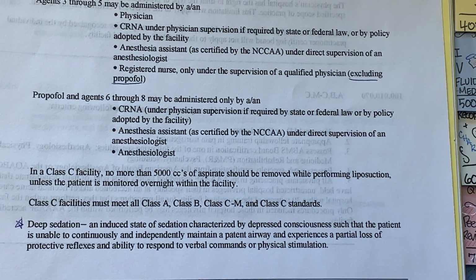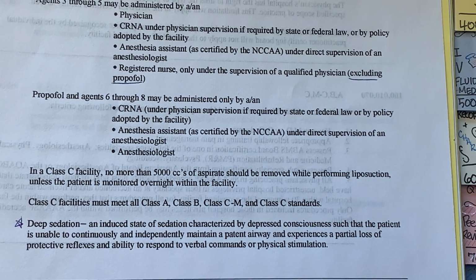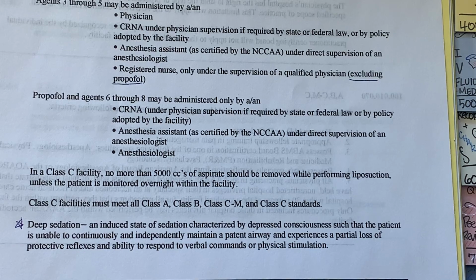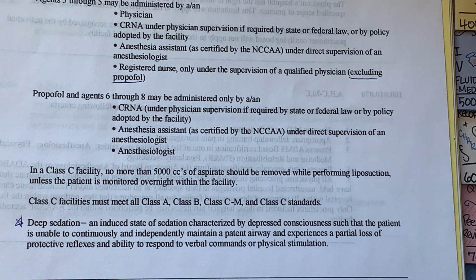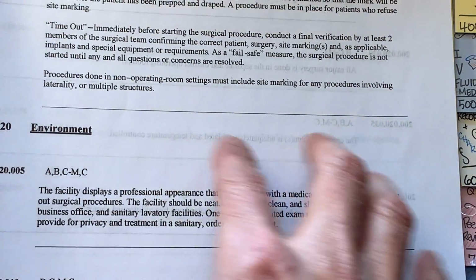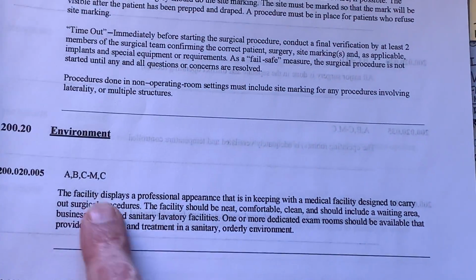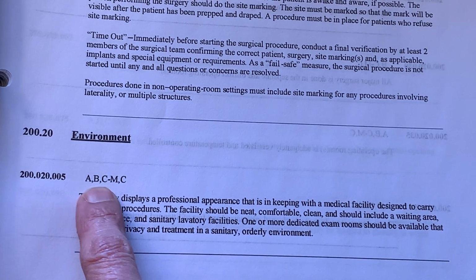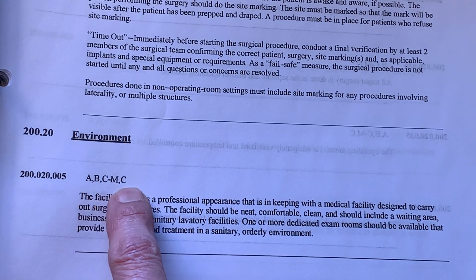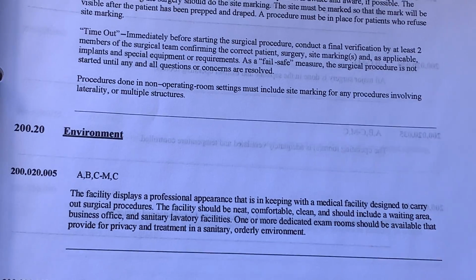So Class C facilities must meet all Class A, Class B, Class C-M, and Class C standards. And this procedural book does say, let's just take an example right here. So environment, what we're doing is this is for Class A, Class B, Class C-M, and Class C. And we're going to look at this one here.